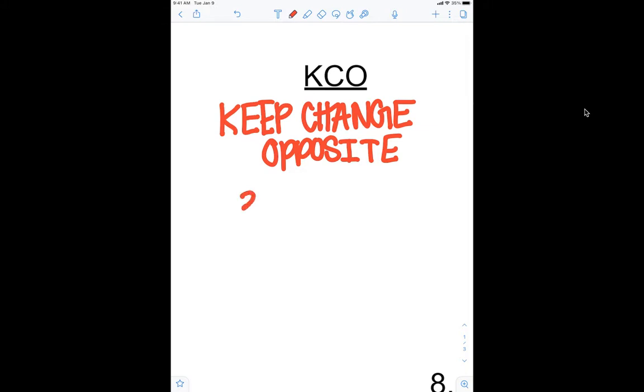So if I had 3 minus -6, that's kind of ugly. So we're going to change it into an addition problem by doing KCO: keep, change, opposite. I'm going to keep my first number. He gets to stay, so keep the 3. I'm going to change my subtraction sign to an addition sign, and then I do the opposite of my second number.